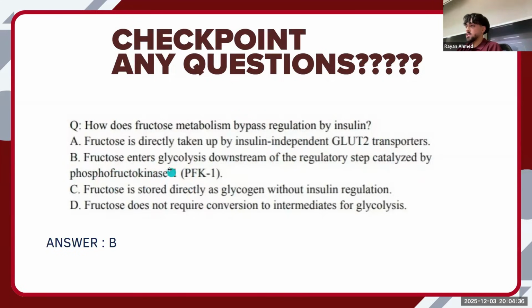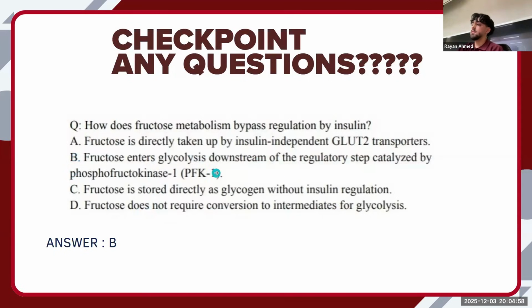So it enters glycolysis without using PFK1, which is the rate-limiting enzyme of glycolysis. And then, it's stored directly as glycogen without insulin regulation. I don't even know what this means. Fructose does not require conversion to intermediates for glycolysis. That doesn't make sense either. So B is the one that makes the most sense, and it's correct.